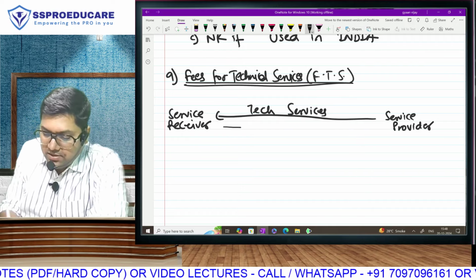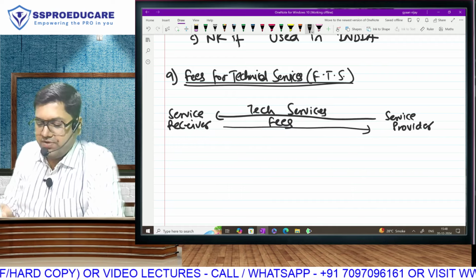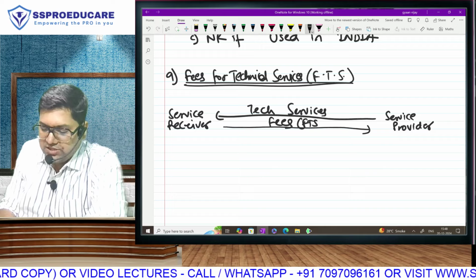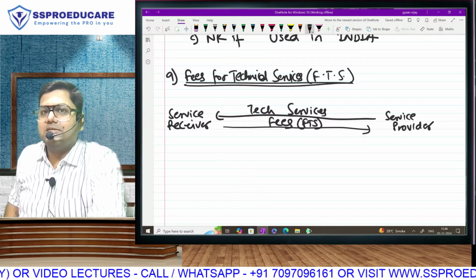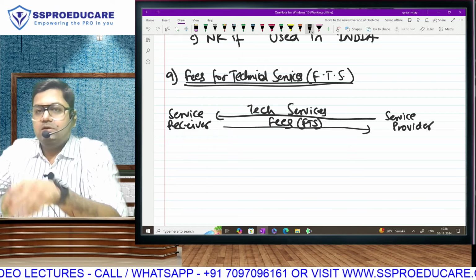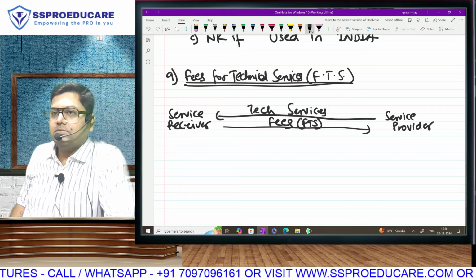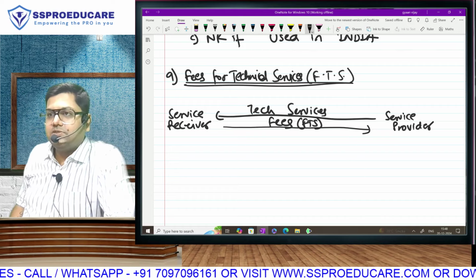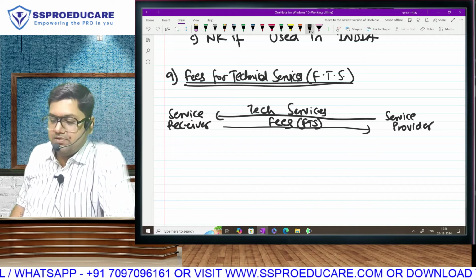And in return, the service receiver will be paying fees, which can be called as fees for the technical services that you are giving me. Whatever technical services you are giving me, for that I have to pay you some fees. This is the fees for the technical services that you have given me.